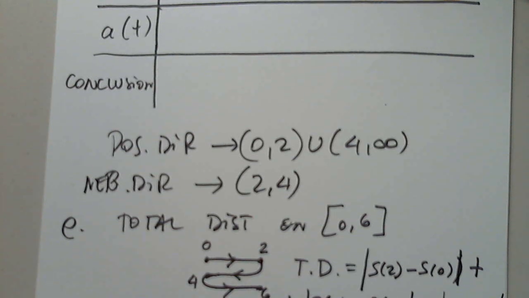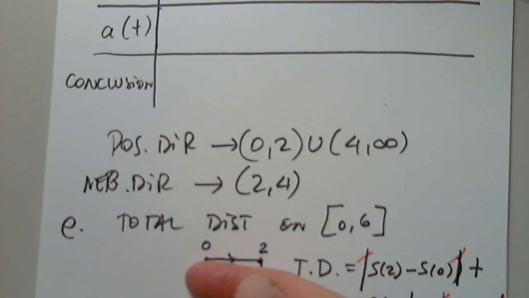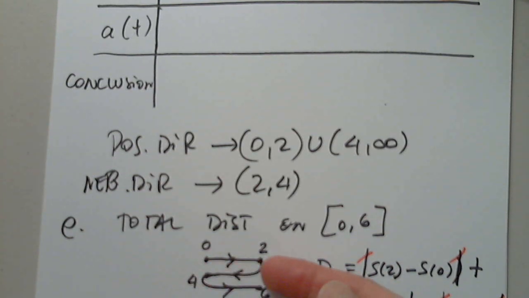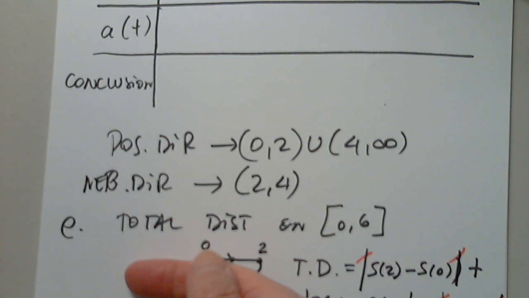You don't need the absolute value on this. You don't need the absolute value on this. Because obviously the distance here minus the distance here will be positive. You only need the absolute value between these two because the velocity is negative. The particle is coming back.